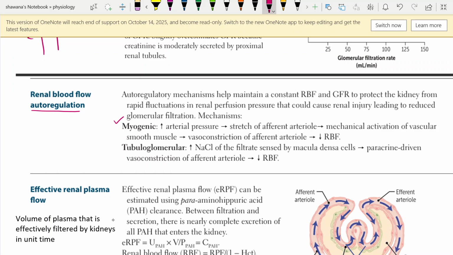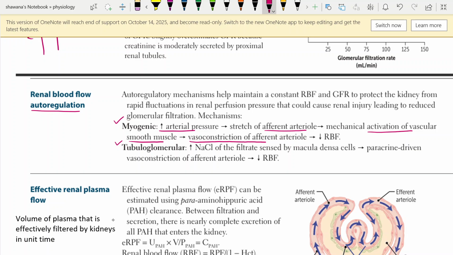For example, if there is hypertension, there is increased arterial pressure, so a large amount of blood is flowing towards the afferent arteriole. But do we need to afford that? No, kidneys have mechanisms, right? So it activates the vascular smooth muscles, and they cause vasoconstriction of the afferent arteriole.